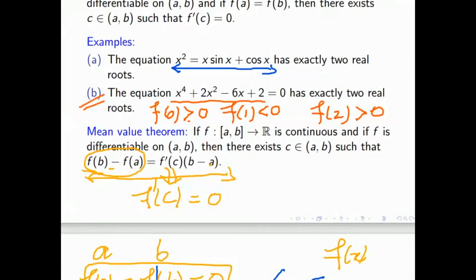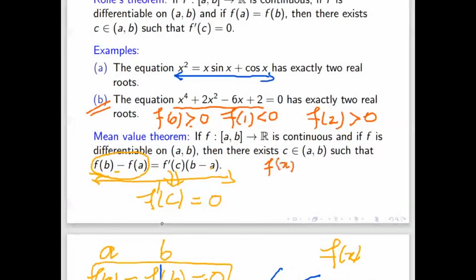Now we'll do exactly 2 roots, that means at most 2 roots. So first we'll differentiate this. f(x) equals x to the power 4 plus 2x square minus 6x plus 2. The derivative is 4x cube plus 4x minus 6.